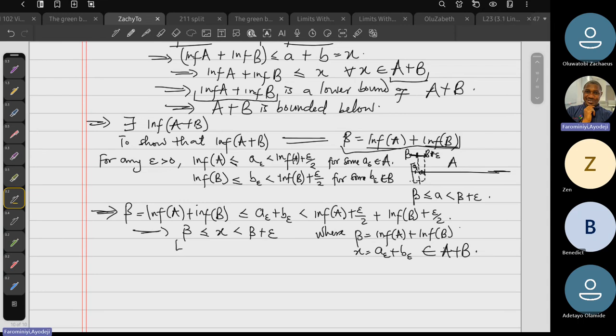This is the characterization we want to see: between beta and beta plus epsilon, there is one element in A plus B. So we have shown this property, which implies for sure that beta is the infimum.